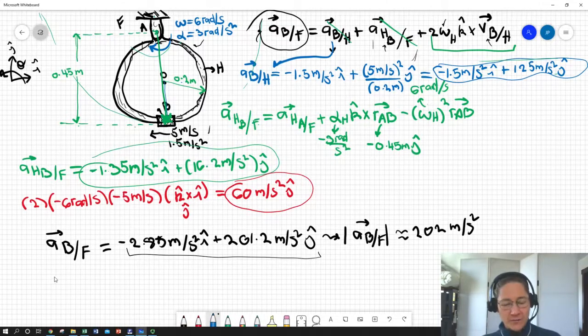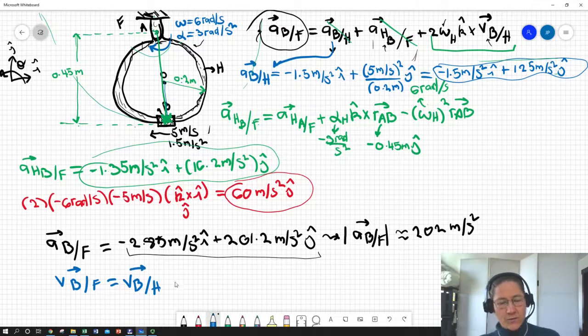I'll go back to blue for that. The velocity of our collar B with respect to the fixed reference frame is just the velocity of B with respect to the hoop plus the velocity of the hoop at point B with respect to the fixed reference frame. So we know that this is just negative 5 meters per second I hat.